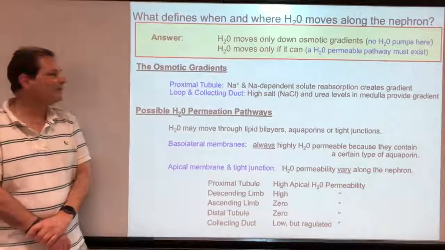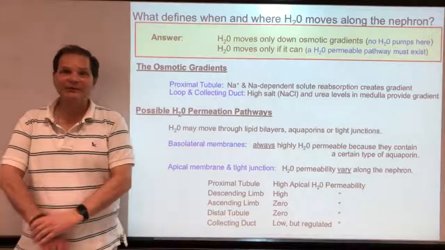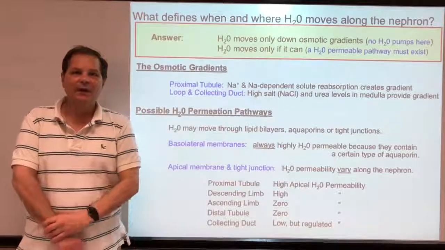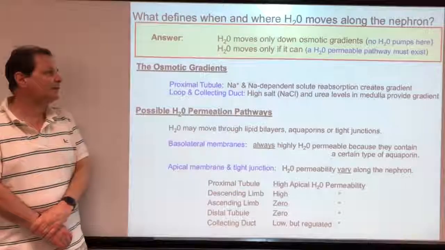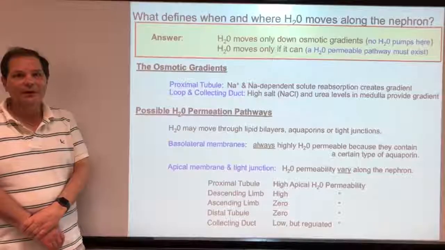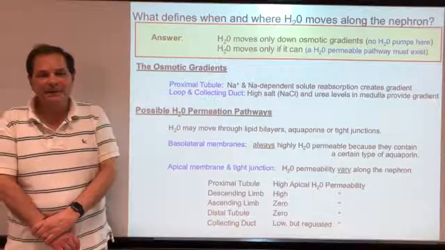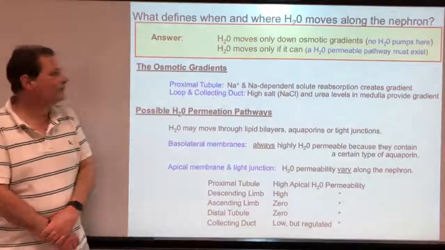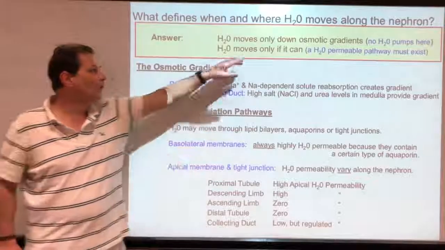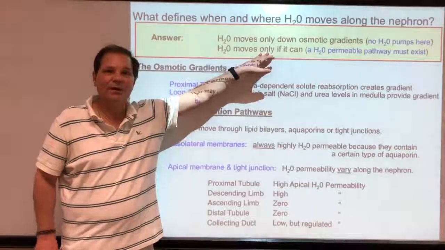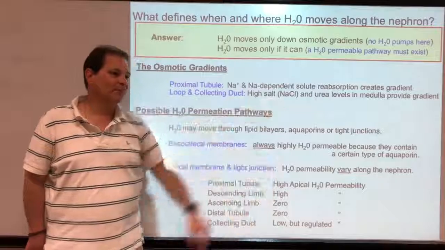And in fact, the kidney is, as far as I know, the only place in the body which has membranes which are not water permeable, in the ascending loop of Henle and in the distal convoluted tubule. But if there's a way for the water to get through, it'll go through.